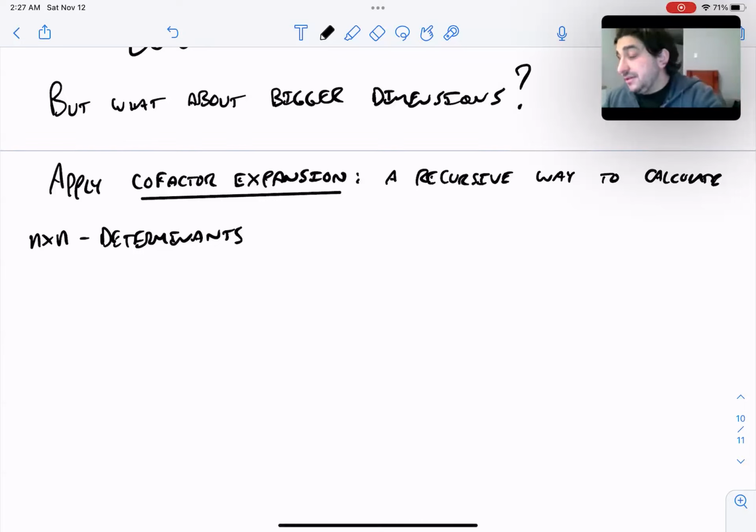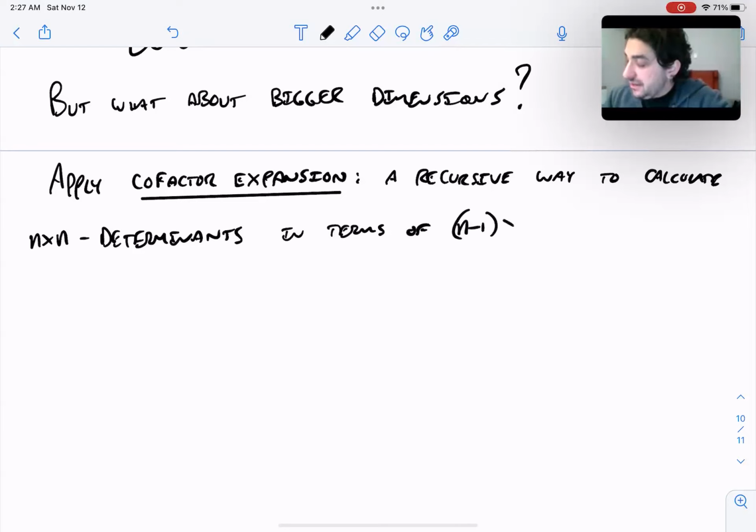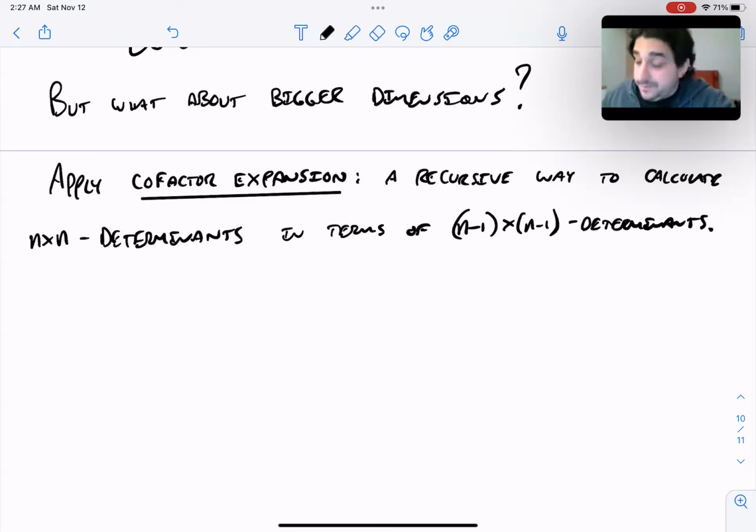And in particular, you go down 1 dimension. So you can do an n by n determinant in terms of n minus 1 by n minus 1 dimension determinants. And here's how. Here's how you do that.